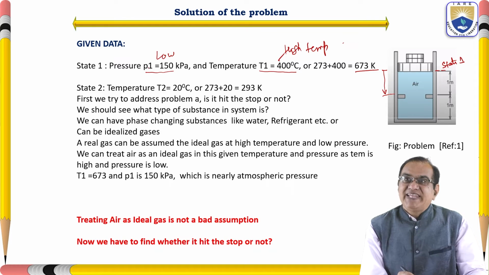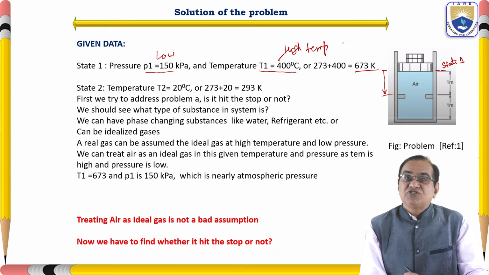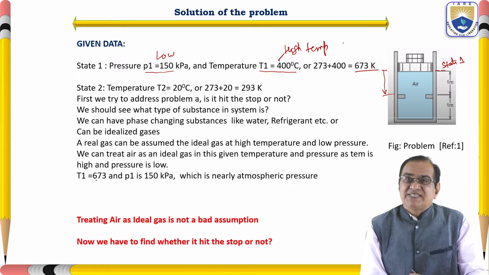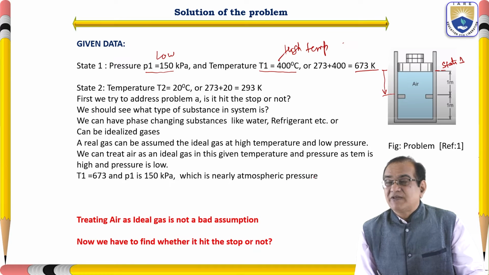So if any gases are at low pressure and high temperature, we can treat air as an ideal gas at this given temperature and pressure, as temperature is high and pressure is low. So T1 is 673 and P1 is 150 kilopascal, which is nearly atmospheric pressure.